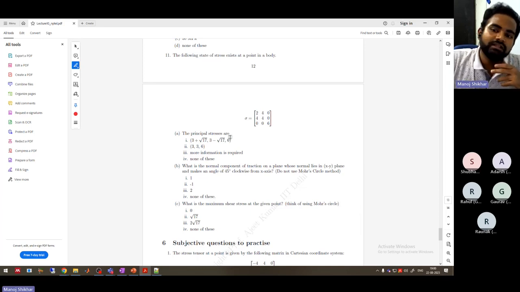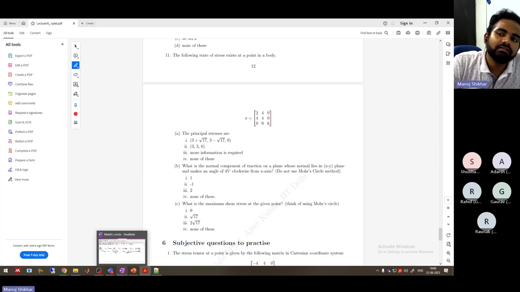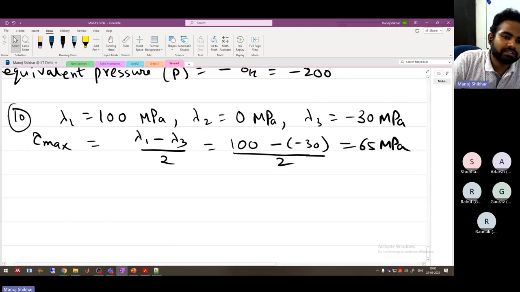So first we can find the principal stresses. How do we do that? We find the eigenvalues of this stress matrix.